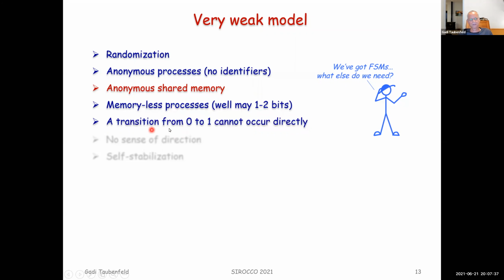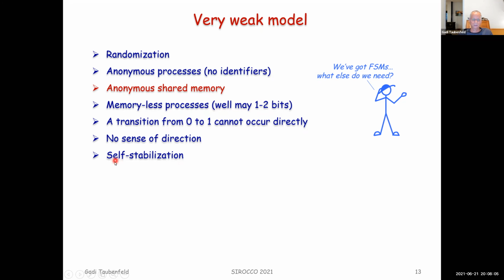As we said before, transition from 0 to 1 cannot occur directly. The eraser has to come and erase before a new value is written. There's no sense of direction. There's no left and right for the processes. The proteins do not agree on the left side and the right side of the array. And we would like the algorithm to be self-stabilizing.